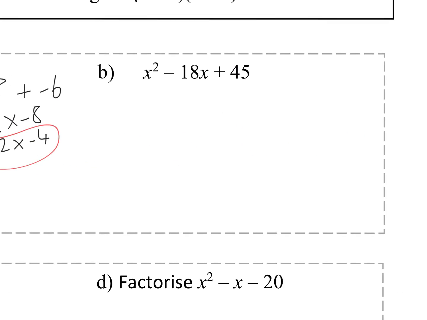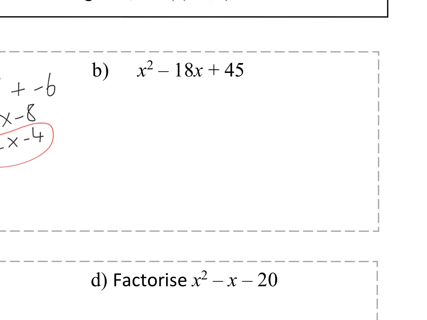Part B, we've got x squared minus 18x plus 45. Again, it's a quadratic with no common factor. So we put double brackets there and we put x and x at the start. We're looking for two numbers which times to give the end, 45, and add to give the middle, minus 18.